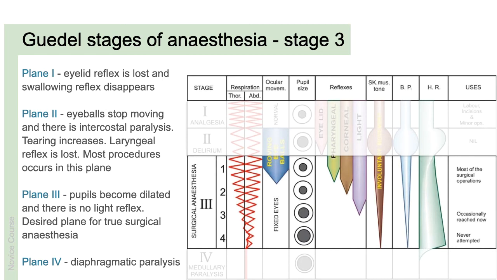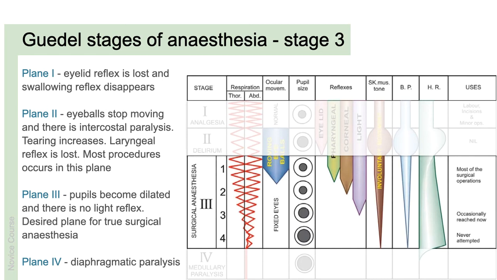Most procedures probably occur in this plane or in the next plane, plane 3, which is where the patient is really apneic. There is very little respiratory muscle function. The eyes are fixed, but the pupils are now dilated. They will typically have lost all of their reflexes at this point, will be hypotonic, and the blood pressure will start to become very low with a reflex tachycardia.